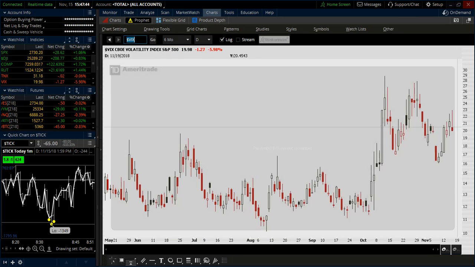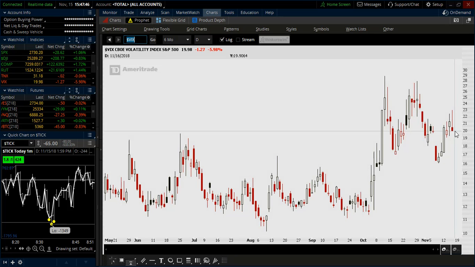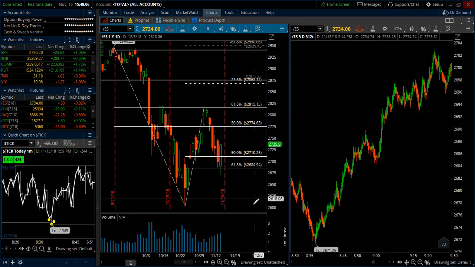I mean, we're right about 20, and so that's pretty low. Low to mid-teens is very low. Low 20s is low. 25 to 30 is good, moderate, and so we have plenty of room to increase volatility from here if we start selling off.